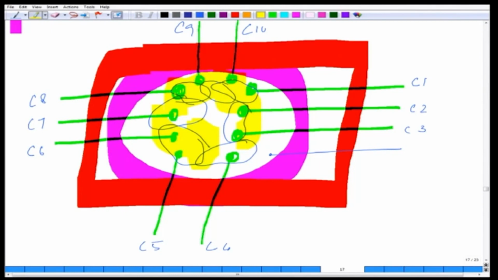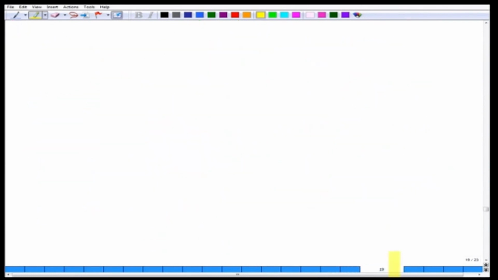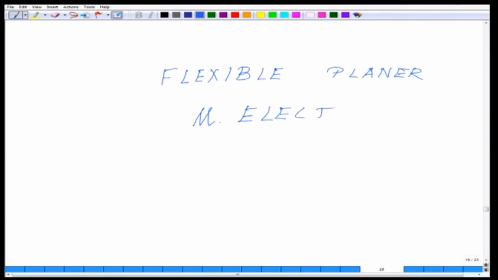Apart from it, there is the second generation of modifications which is taking place, which is basically making these arrays flexible planar microelectrode arrays.